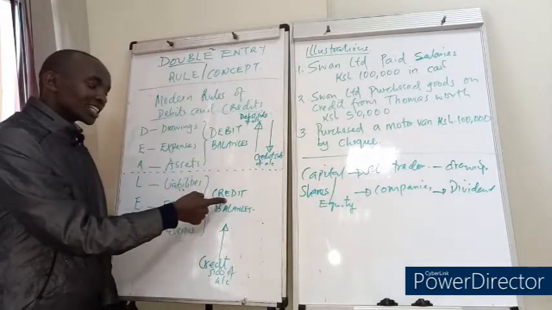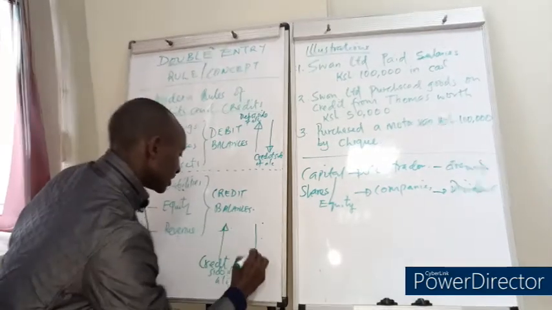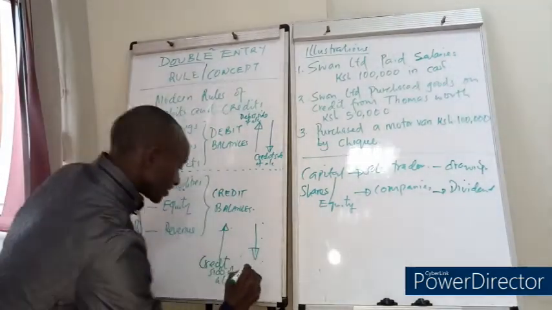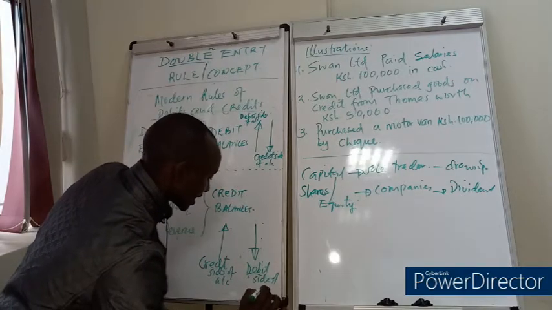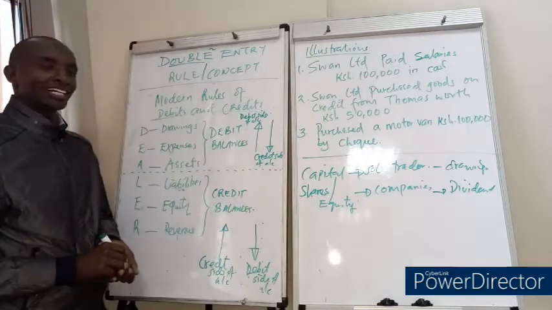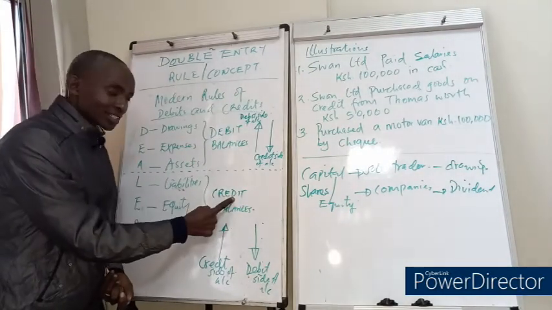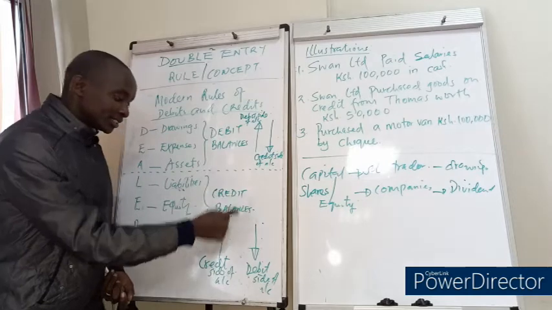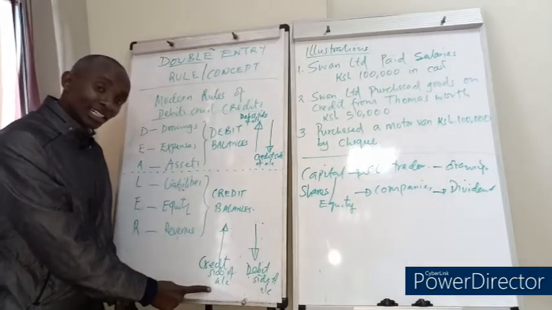So in short, you're increasing on the side where the credit balance is. And if you want to decrease, you do it on the debit side of the account. If you want to increase a liability, you enter the transaction on the credit side.